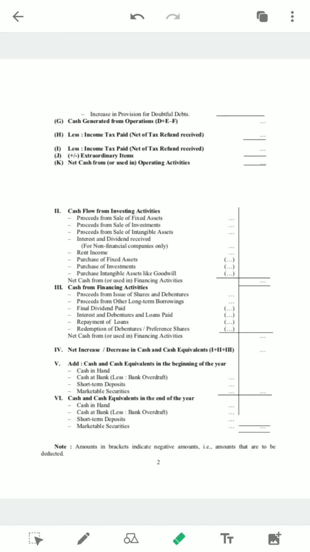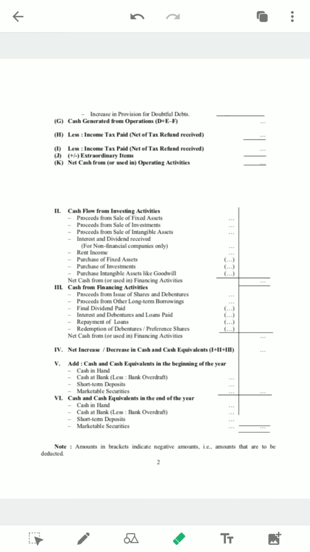There it will be deducted, here it will be added. In investing activities, it will be added as normal investing income. These are: rent income, interest and dividend received.